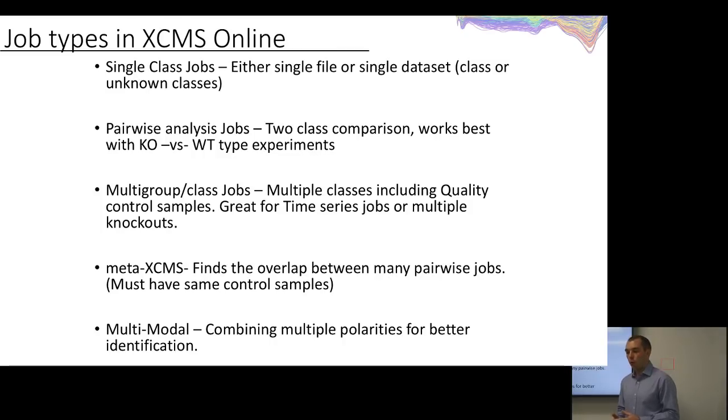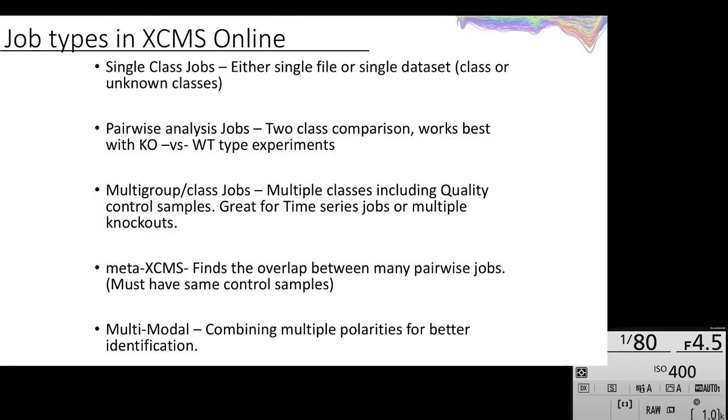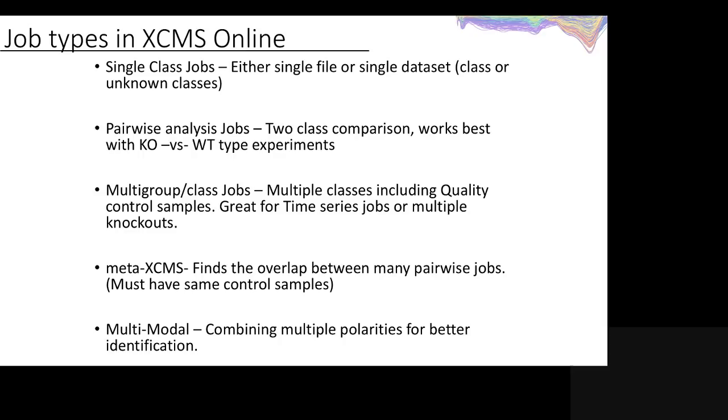These work really well, and I think this is where the multivariate stats really start to come into their own. Then there is Meta XCMS and multimodal. Both of these are getting a revised look in the latest bit of our work.